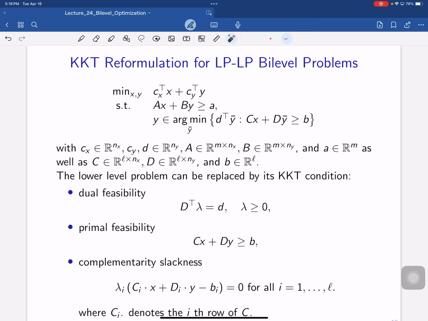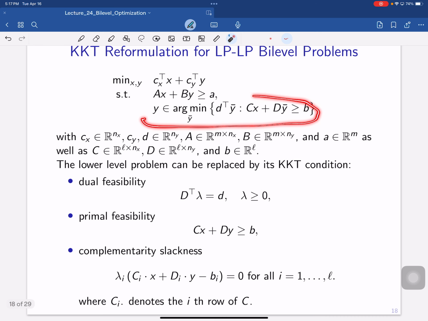So all the y bar that optimize this problem must satisfy, let's say, the KKT conditions of this linear programming problem. The KKT conditions are dual feasibility, primal feasibility, and complementarity conditions. So now you replace this very nasty constraint with the optimality condition of the lower level optimization problem.